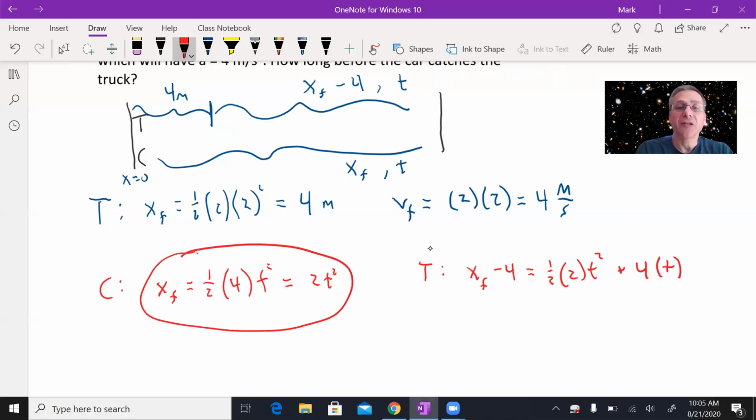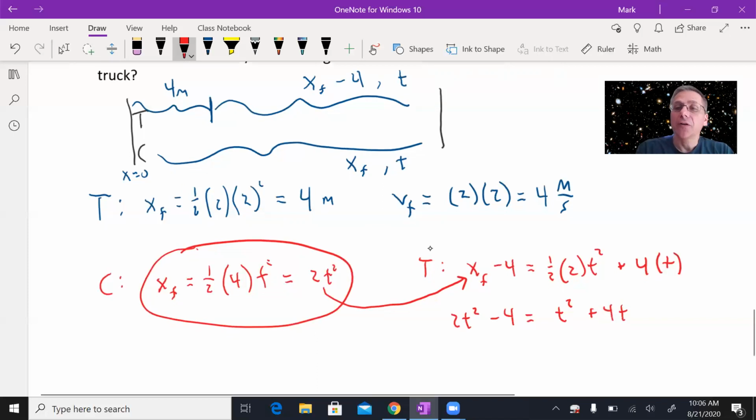With the car's expression, x final is 2t squared. I'm going to take that and substitute it into the truck equation over here for x final. We can simplify it a little bit: 1/2 times 2 is 1, and we have 4t. It looks like we're going to have a quadratic equation.